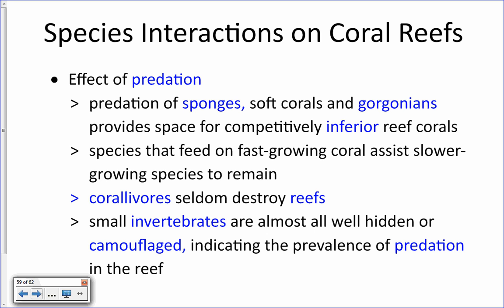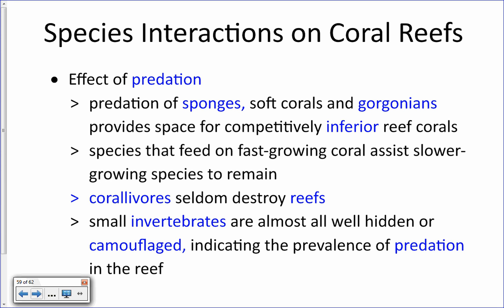Okay. So you get lots of things eating the primary producers, and then naturally you get lots of things preying on the things that are eating the primary producers. So predation on the reef actually helps to keep populations in check and helps to keep the reef surviving.